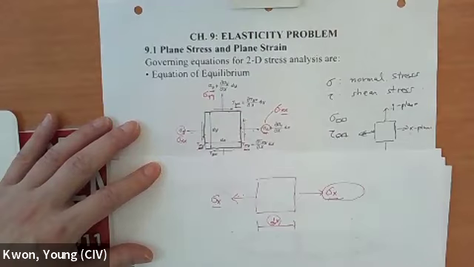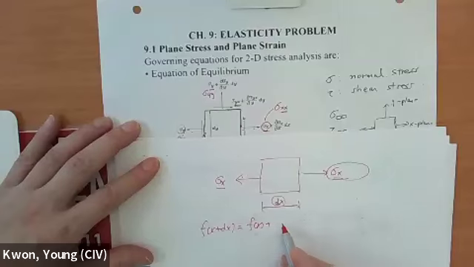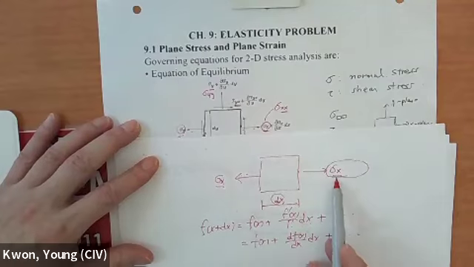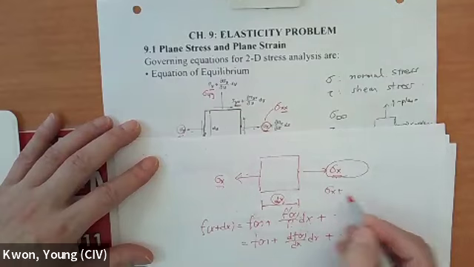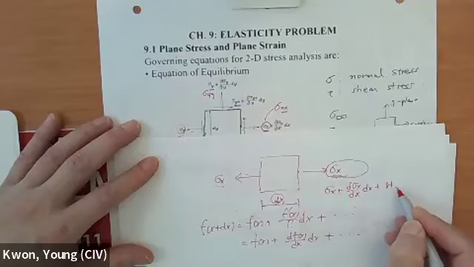Using the Taylor series expansion: if you have f of x plus dx, it is f of x plus f prime of x over 1 factorial times dx plus higher order terms. So this is f of x plus df/dx times dx plus higher order terms, correct? So here it is going to be sigma x plus d sigma x/dx times dx plus higher order terms.